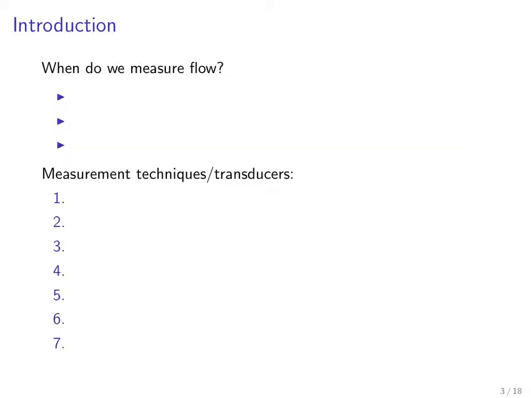When do we want to measure flow in the clinic? So the biggest one is blood flow. Ideally, what we really want is the oxygen that's delivered to the tissues, but we settle for blood flow as a surrogate measurement.